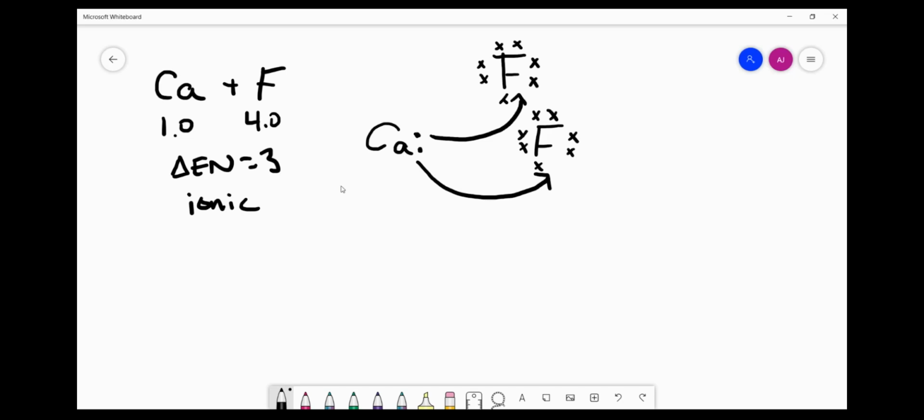Note that I use different symbols for these because that will enable us to represent this compound with Lewis dot diagrams. Calcium with a 2+ charge, and it's going to be a ratio. So 1 calcium and 2 fluorines, and each of these fluorines gained 1 electron, so they each have a 1- charge.